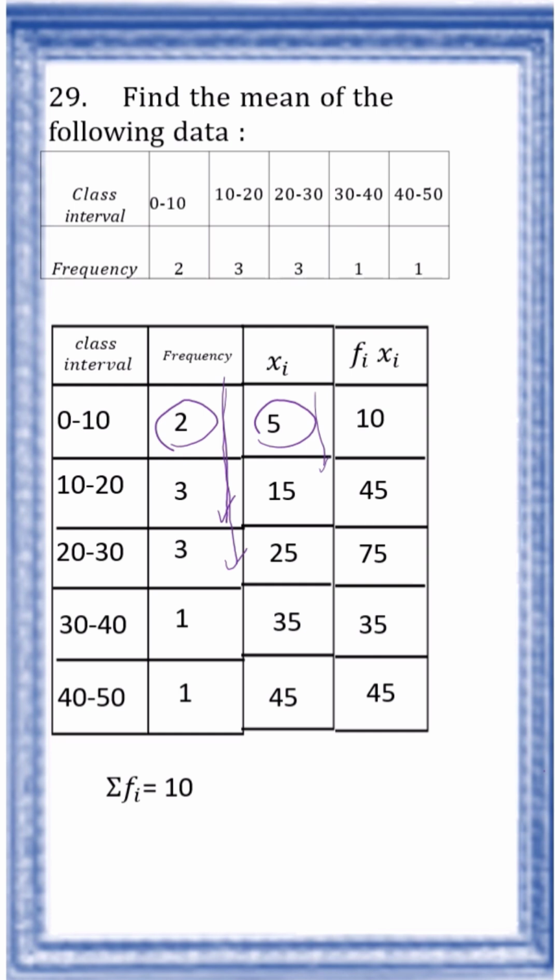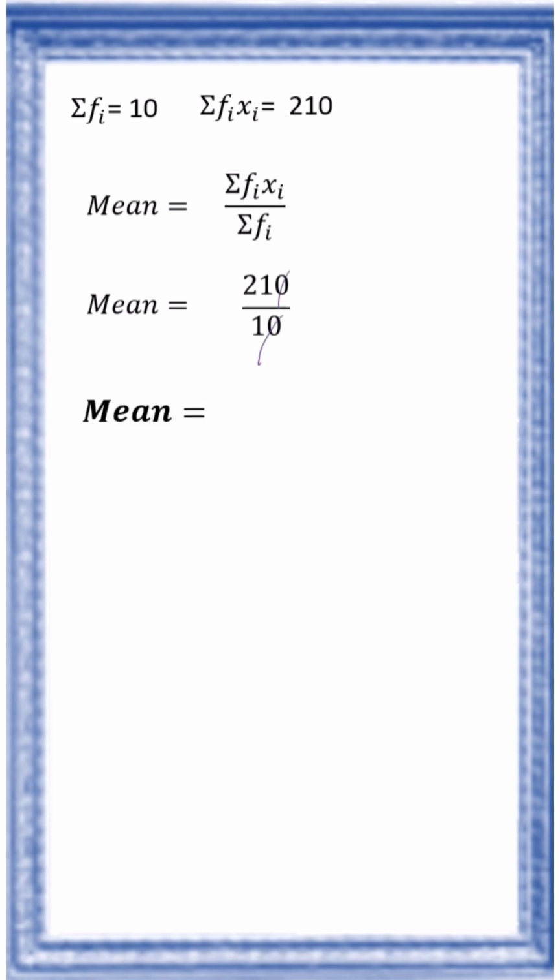Now let us add all these numbers under the column fi xi to find the summation of fi xi, that is 210. Now mean is equal to summation of fi xi upon summation of fi, that is equal to 210 by 10. Here 0 and 0 get cancelled. So mean is equal to 21.